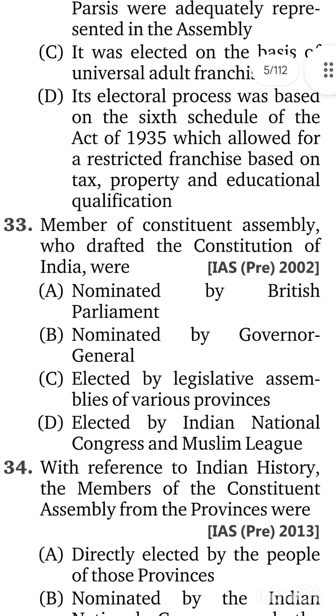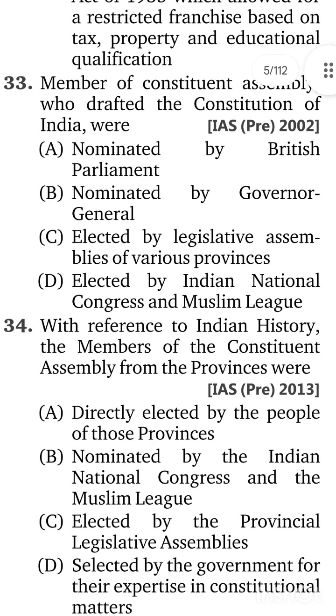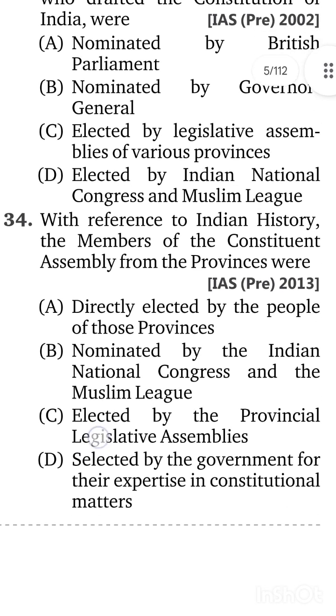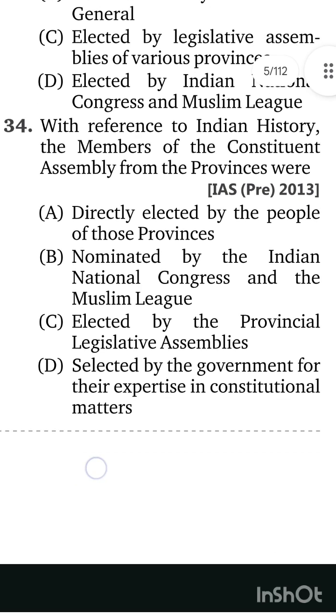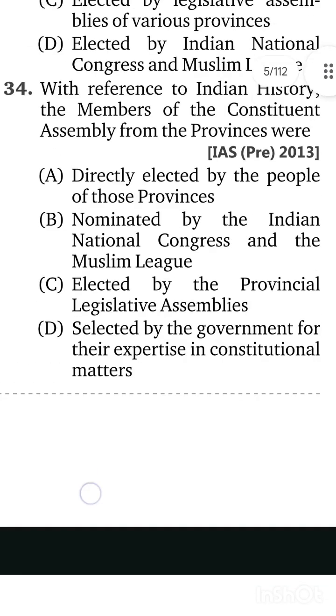Okay, question number 33. Members of the Constituent Assembly who drafted the Constitution of India were, option C, elected by legislative assemblies of various provinces. 34. With reference to Indian history, the members of the Constituent Assembly from the provinces were, option C, elected by provincial legislative assemblies.